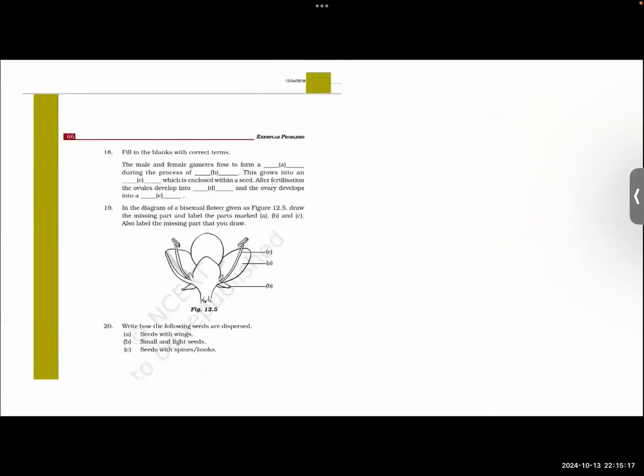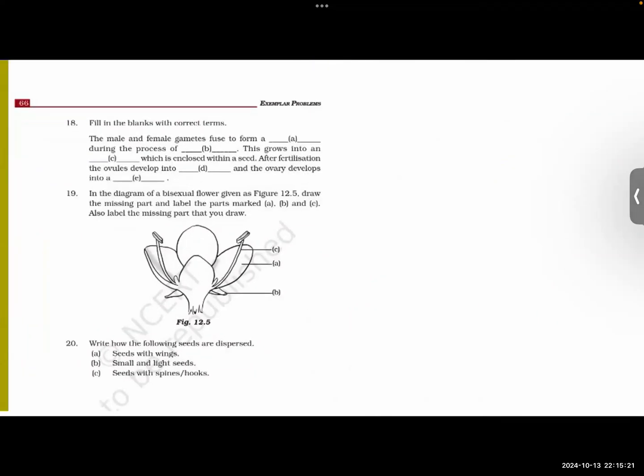We have a few more questions here. You guys answer it. So the male and female gametes will be fusing to form... Sir, is it zygote? It is zygote.